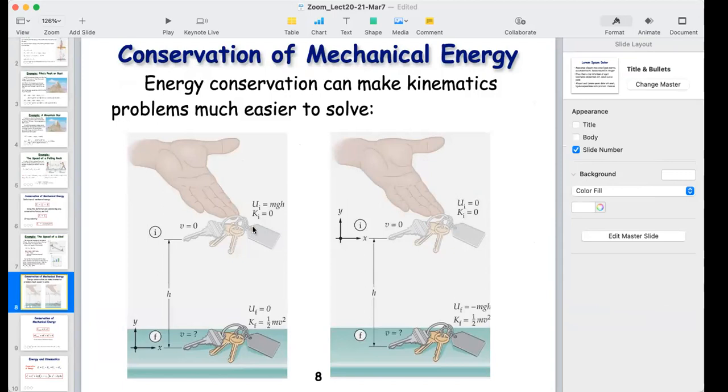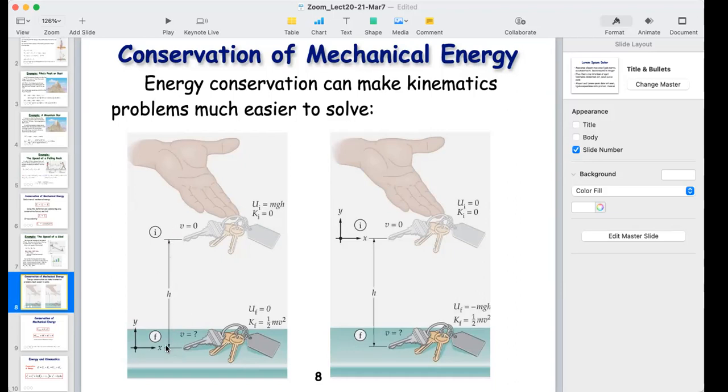In this case, at the initial position, we have U initial, which is mgh, because we are at a certain height h. K initial is equal to 0, because the initial velocity is equal to 0.